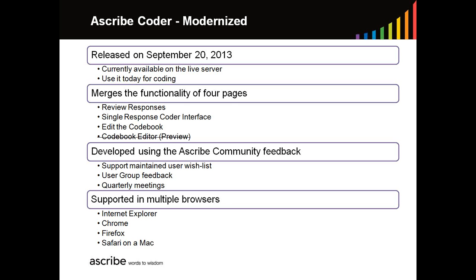Today, you can access Ascribe Coder through any of these browsers. Actually, you can use most of Ascribe through any of them. The tools that you can't use are review responses, single response coder interface, phrase analyzer, and edit the codebook. Those tools are still only available through Internet Explorer.